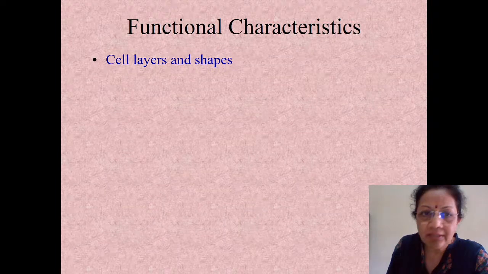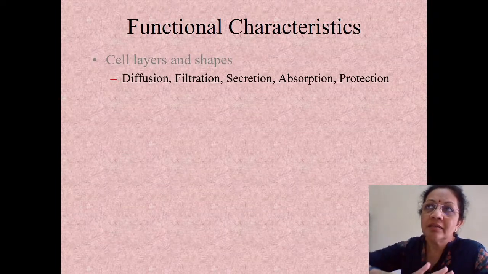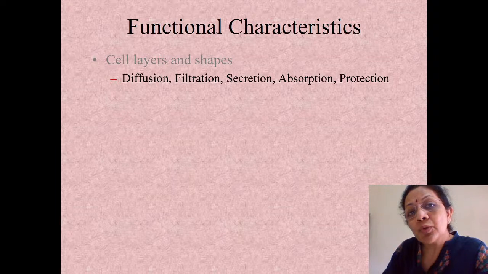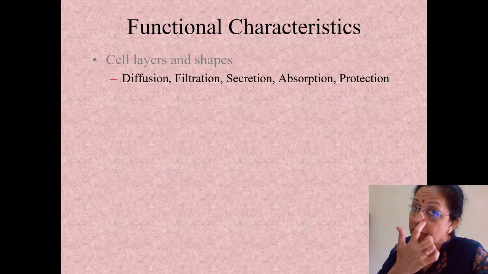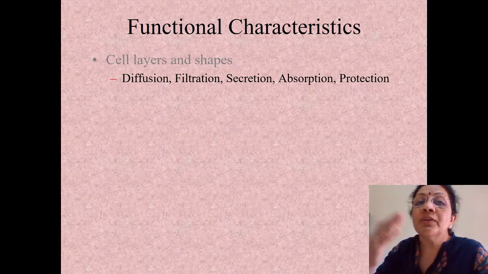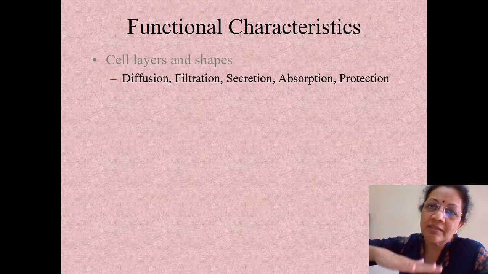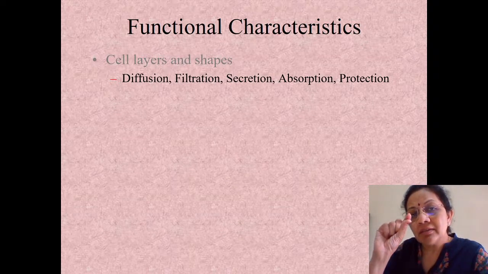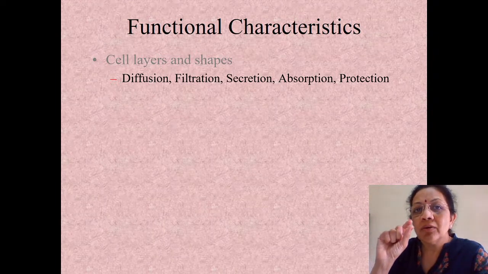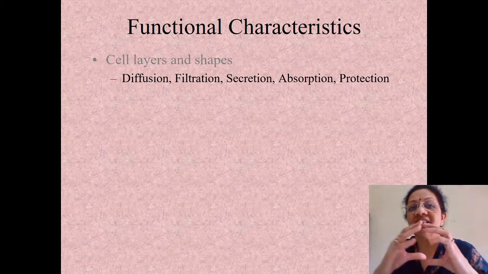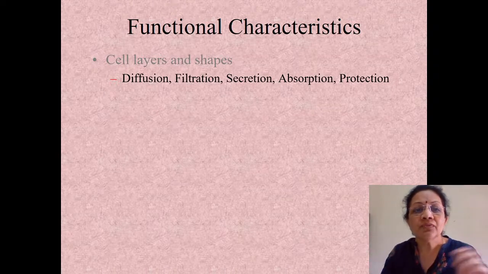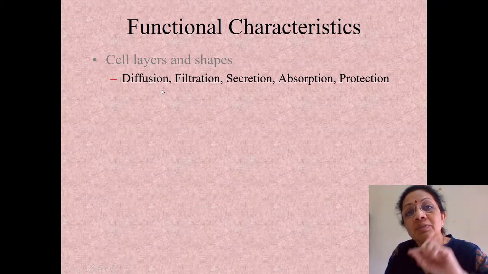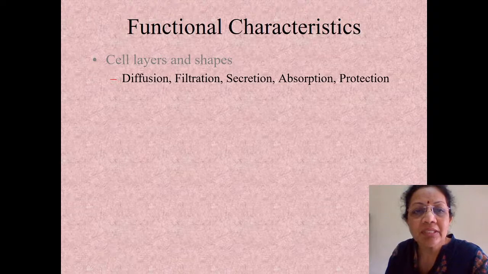So we know because of the cell layers, cells placed in layers, where the bottom layer or the basal layer is always on a basement membrane, which is a connective tissue domain, and there may be more than one layer, stratified, layered on top of the basal layer. This flattening out, even if the cells are tall or square or cuboid in nature, this flattening out of the entire tissue as such allows for diffusion across the sheets. So that's one of the functional characteristics, which is why this particular shape has been taken up by the cells.